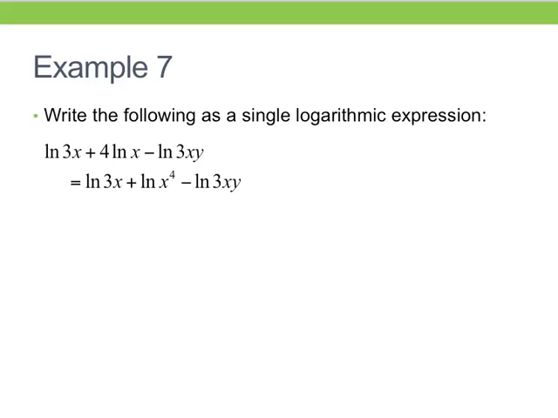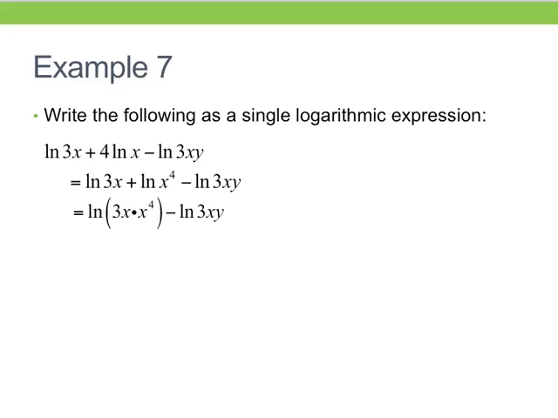Okay, and now if I look at the first two terms here, ln of 3x plus ln of x to the 4th, we notice a plus in between. That means I can write this as a single logarithm of the product of those two, 3x and x to the 4th. So this is going to be ln of 3x times x to the 4th minus ln of 3xy.